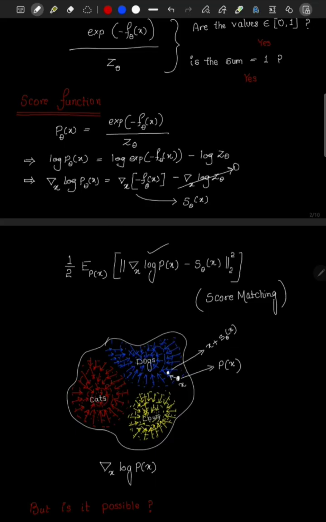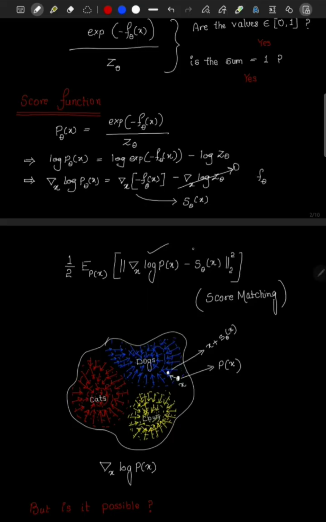So what does the approximated score function say? If we try to learn an optimal f of theta, such that the optimal f of theta will be equal to the underlying score function of the true distribution.